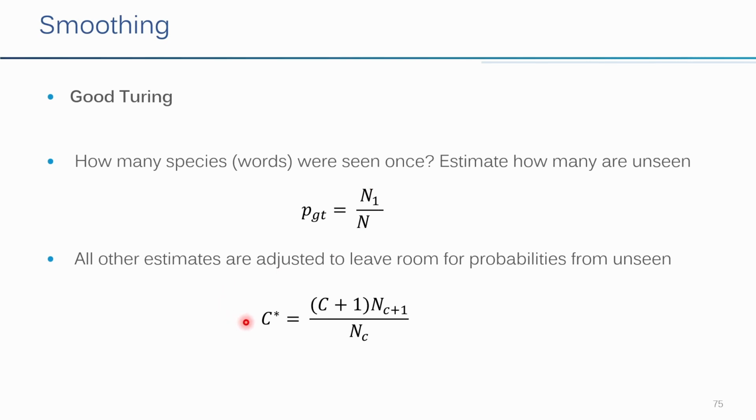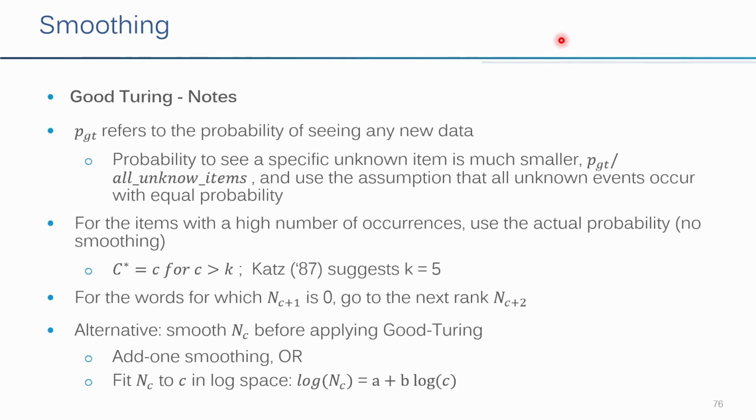And then, the same way we did the reconstituted counts in the last example, that's quite a hard word, reconstituted counts, we'll do this here again, in which we consider the elements that happen one more time than whatever C I have, N sub C plus 1, over this N sub C, and then we add 1 to whatever count that we have. But it will be better if we see an example.